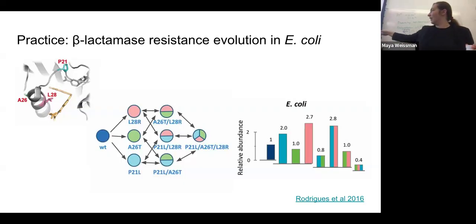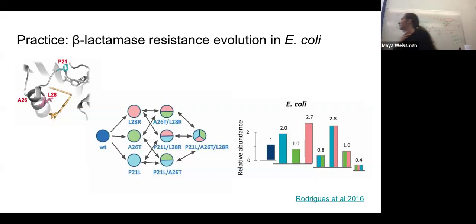If you look at this particular graph, this is step 1, this is step 2, and this is step 3. So this is the starting point. These are the single mutants, these are the double mutants, and this is the triple mutant. Which genotype is that on our graph? Yeah, exactly. So that's our global optima.